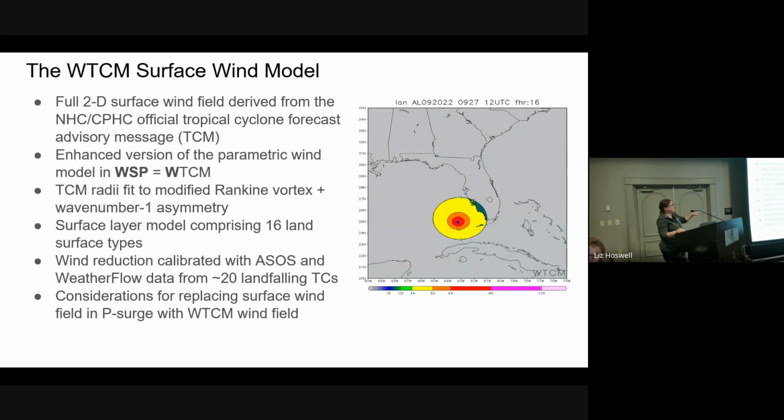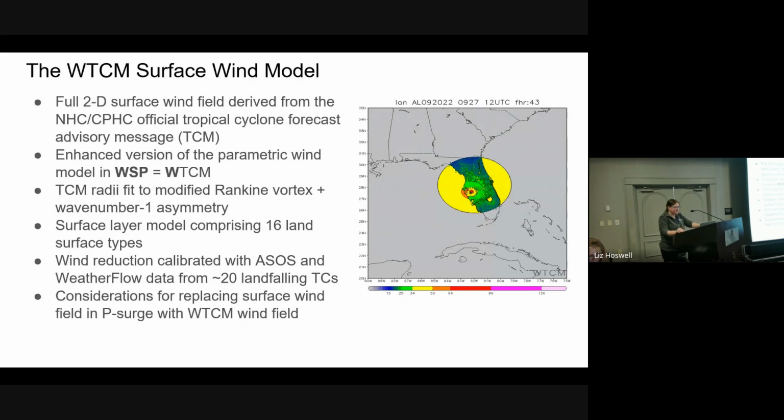The WTCM, as I was saying here, is actually producing a 2D wind field for the surface winds with reductions over land. So this is using a surface layer that has 16 different land surface types included within it to try and have more realistic surface winds over land, as opposed to the over ocean winds that we were seeing in the legacy wind speed probabilities.